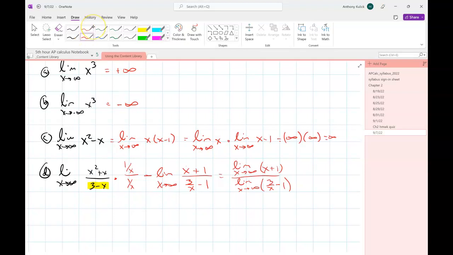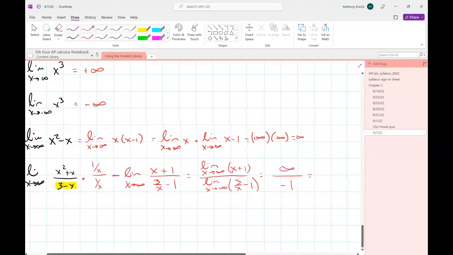Okay. So I did that, and then I split my limit to the numerator and denominator. If I take the limit in the denominator, the limit of 3 over x is 0, and the limit of -1 is just -1. Everybody agree? And then the limit in the numerator is infinity.